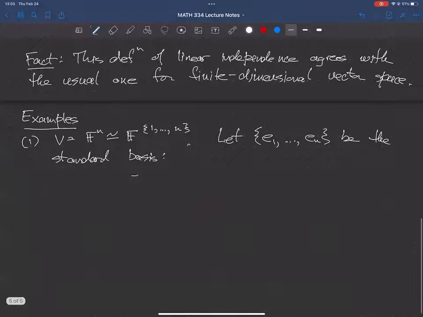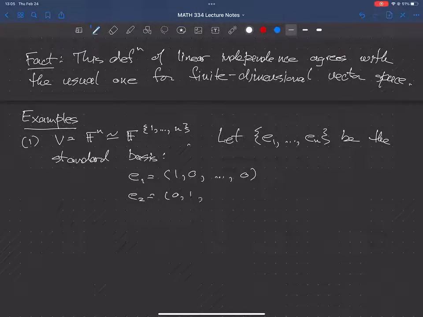Okay, so remember what that means. So E1 is the vector in Fn which looks like this. E2 ... En.